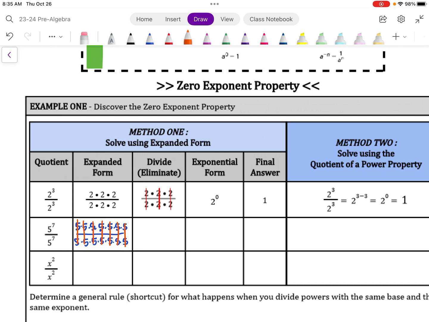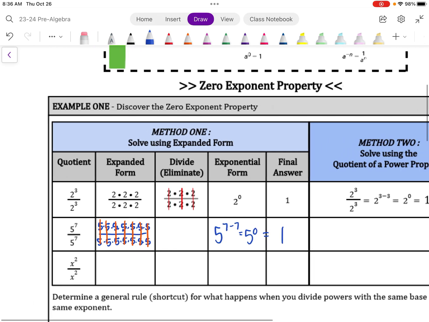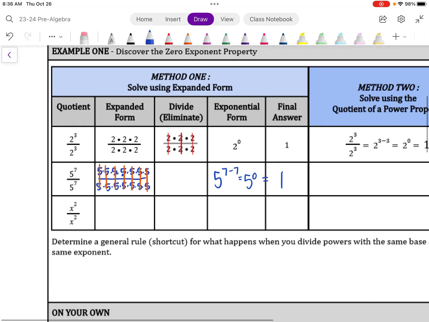And look, it looks like a 1 when I cancel them. So when we eliminate, there's nothing left there. So I'm just going to leave that one blank, actually. And that would be 5 to the 7 minus 7. So 5 to the 0, that's going to equal 1. Something over itself always equals 1.